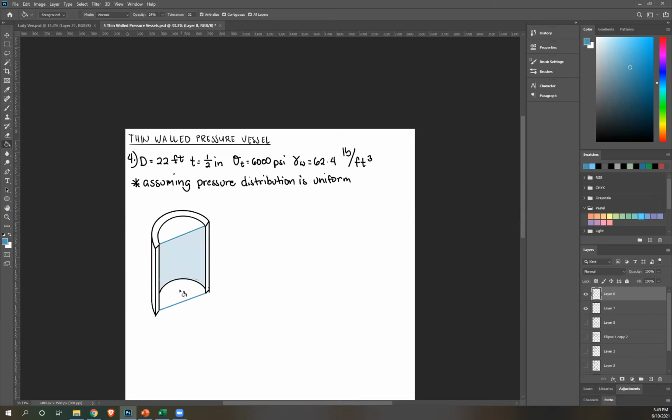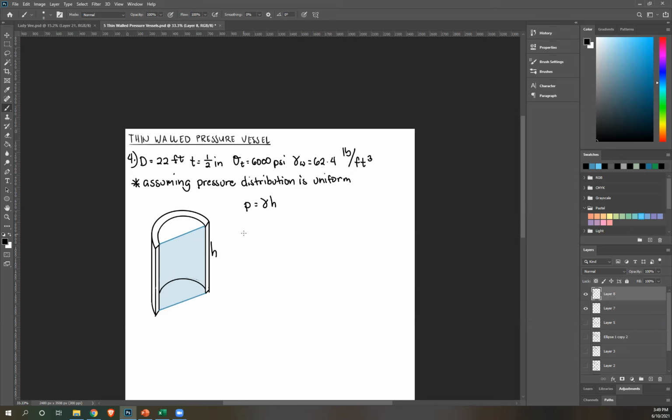So P is still equal to gamma H, right? Gamma is given. H is what we're looking for. Then we're going to use this in our equation to solve for maximum height.